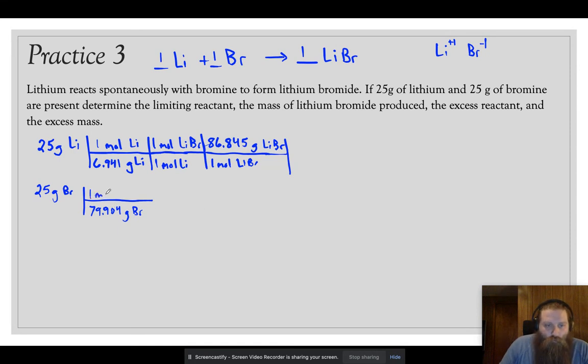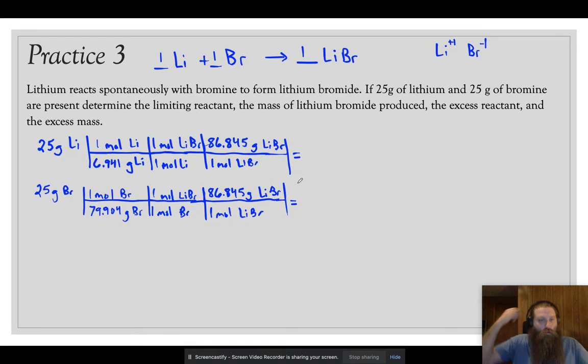But again, hopefully you can work that out on your own. 1 mole of Br produces 1 mole of LiBr. So there's our molar ratio bracket. And 1 mole of LiBr, we've already figured out how much it weighs, 86.845 grams of LiBr.